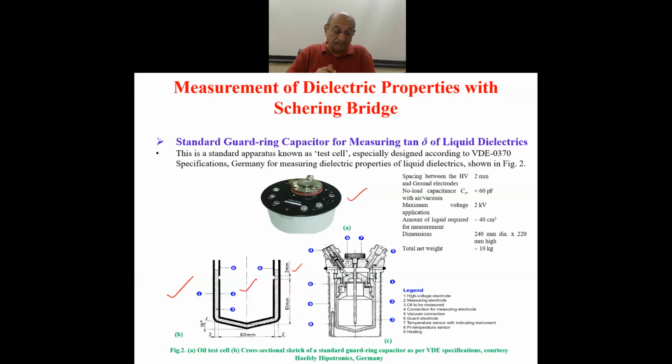The outer electrode, what you see here, is actually fixed inside the cell, and the inner electrode can be taken out. When it is put in its position, it forms a 2 millimeter thick film of the dielectric as shown by the hatched portion.